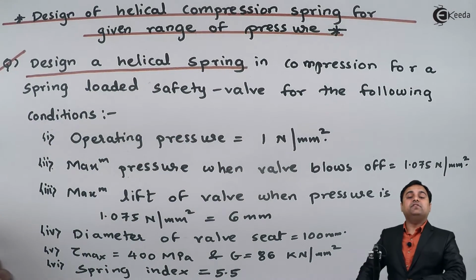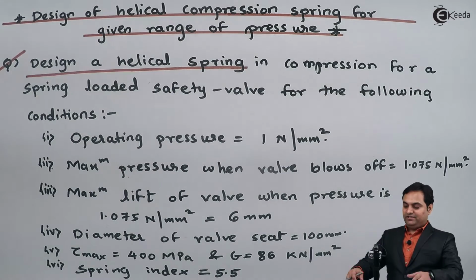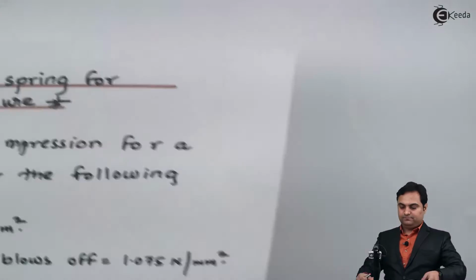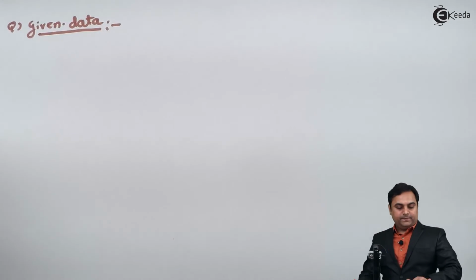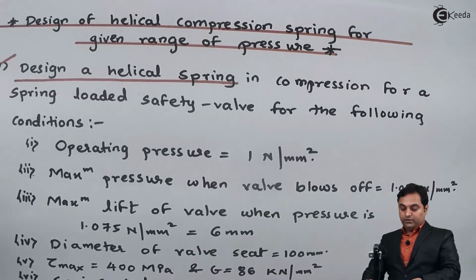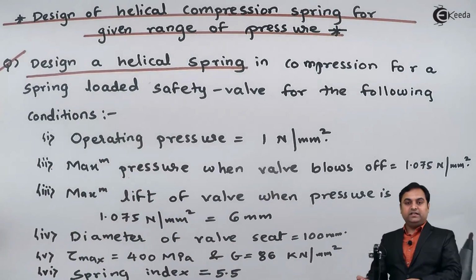Now whatever is given in this problem, I will write that in the form of data first. Let us get started. Now in the data I'll write down, here we have to design the helical compression spring.